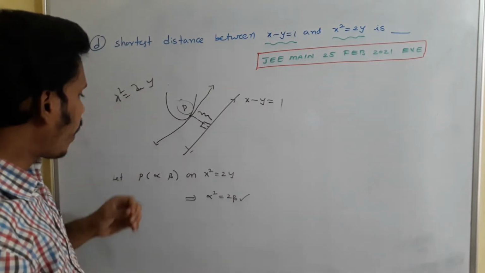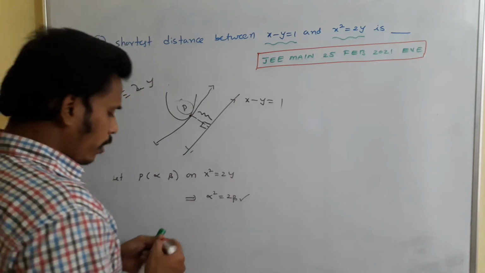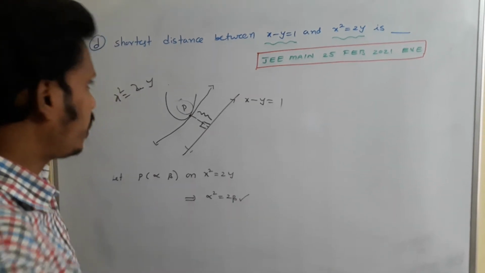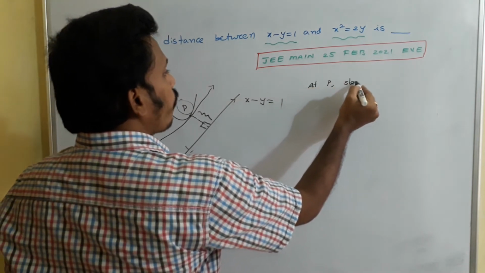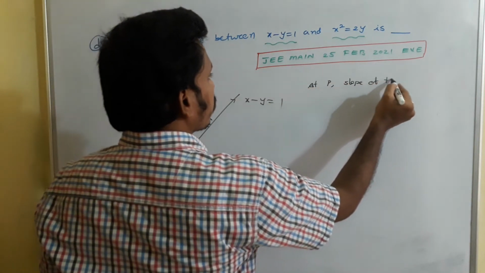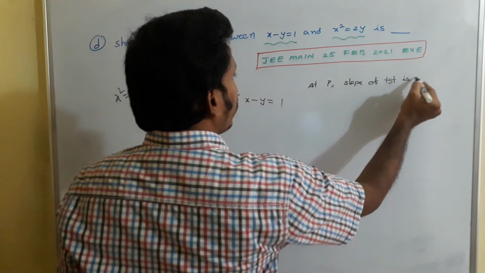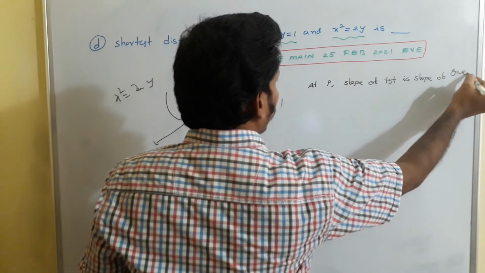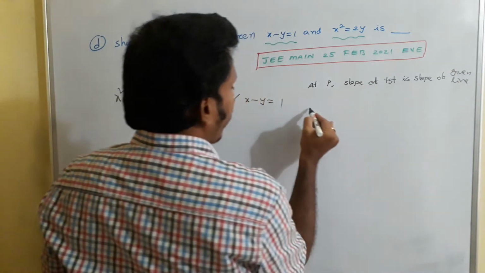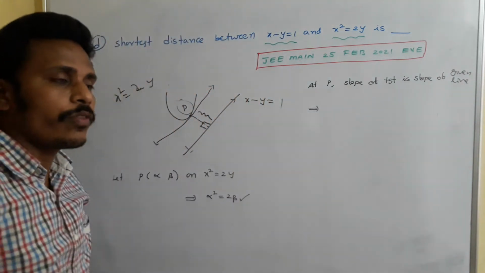Now what do I have to do? As per the given problem, since we are searching for the common tangent, at P the slope of the tangent is the slope of the given line. As we know, the slope of the tangent is the derivative of the curve at the point.